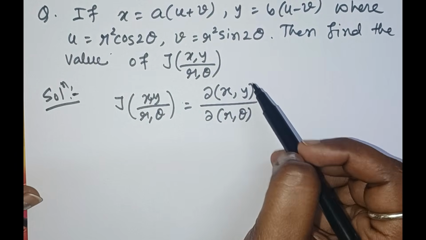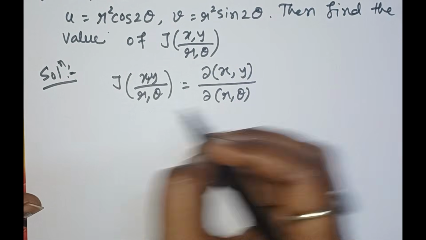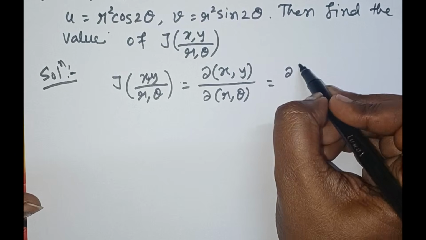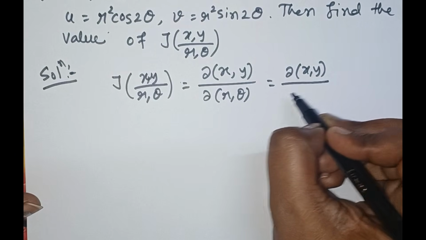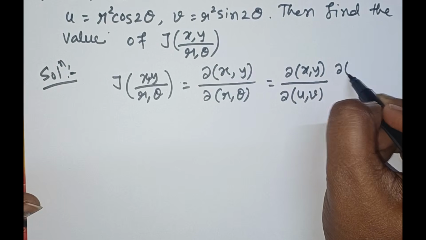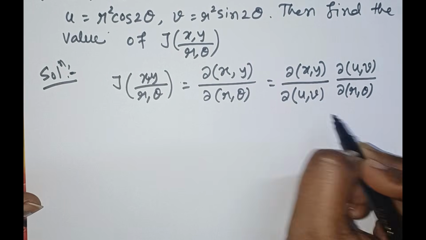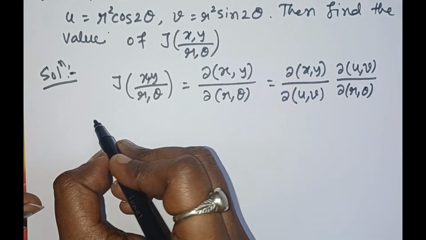In this case we have to use the chain rule for Jacobian. And what is that? That is del xy del uv multiplied with del uv del r theta. This is the chain rule to find Jacobian.